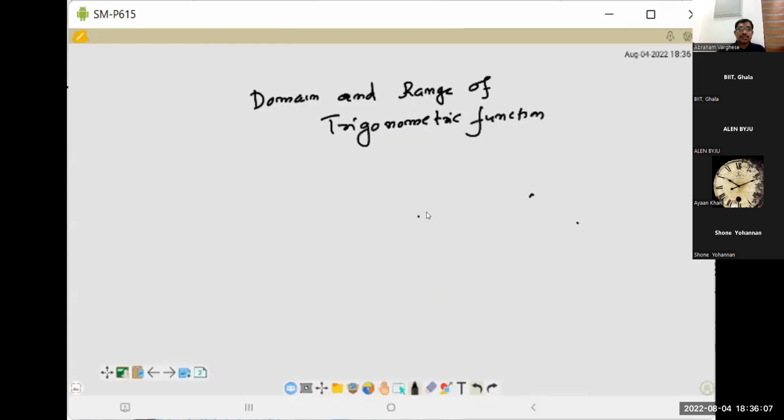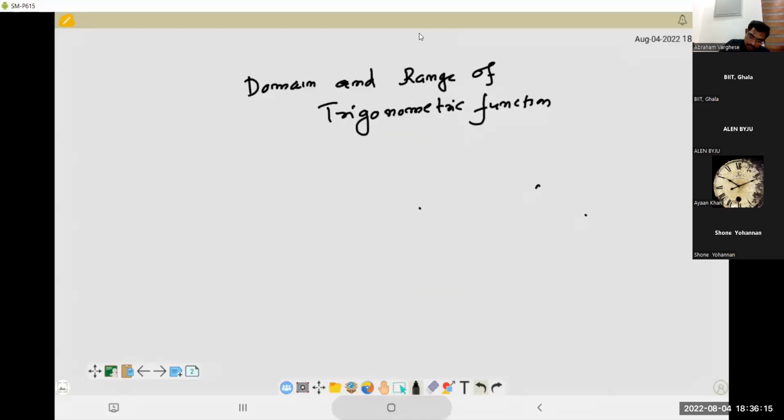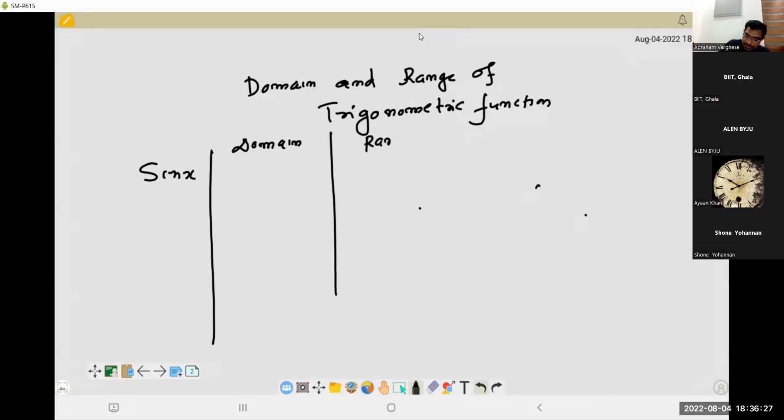So first we write sin x. So here we have the domain. Here we have the range. Now please study it. Once we complete this table, I'll ask.